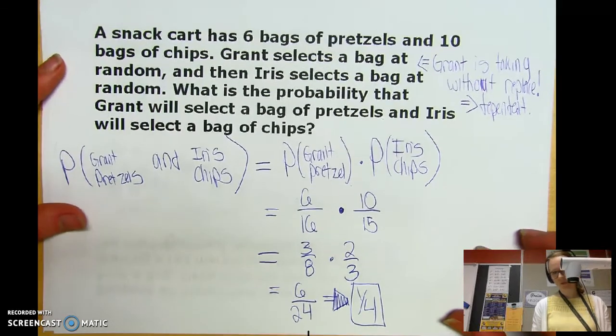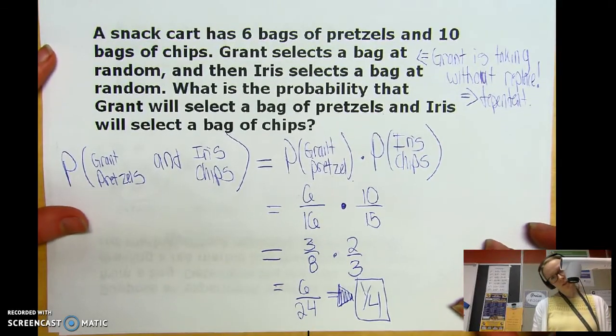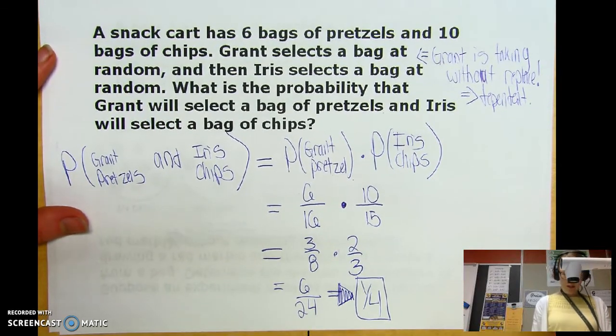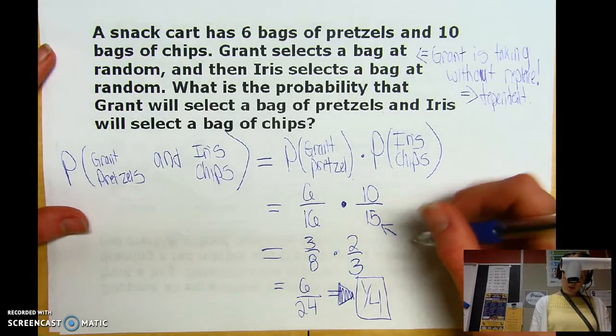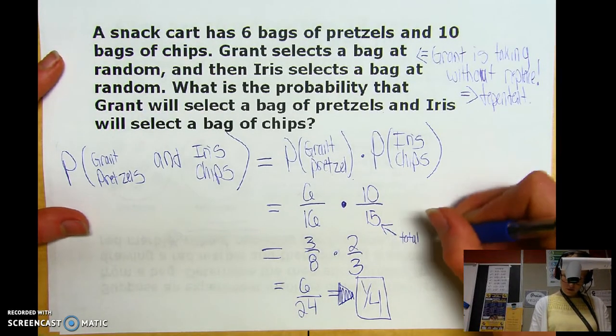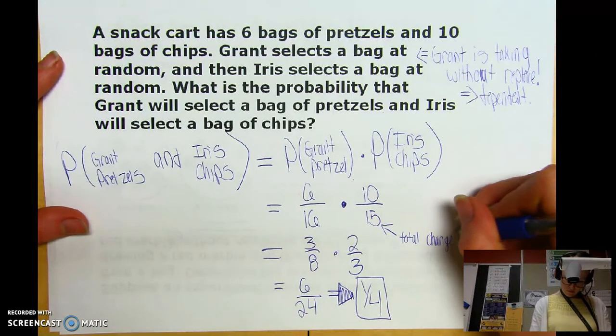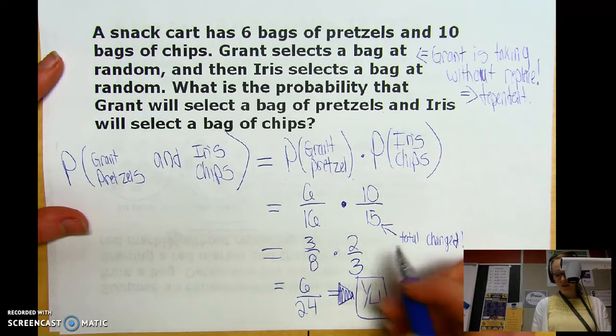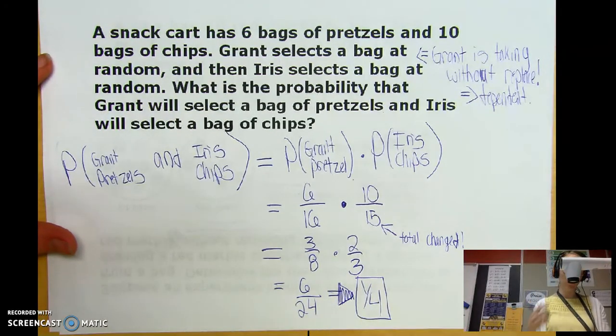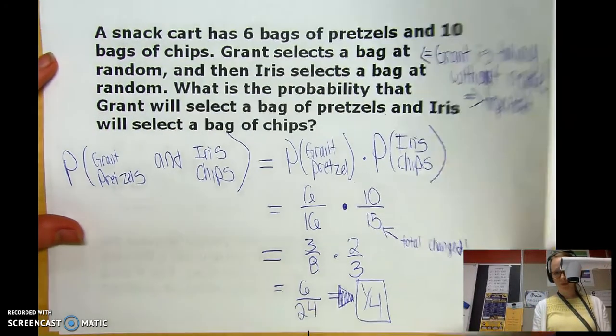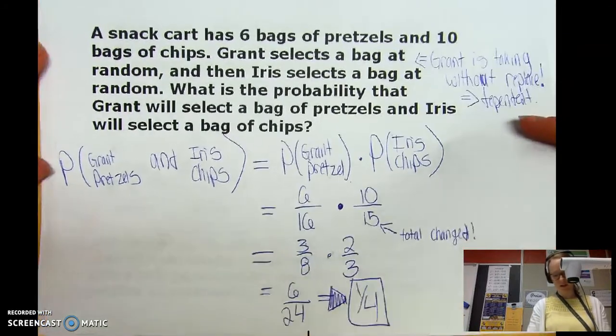Let me slide this up so you can see it. Once again, the key difference here is that the total changed at the bottom. There's no longer 16 bags for Iris to choose from. There are only 15. So you have to be careful when thinking about that.